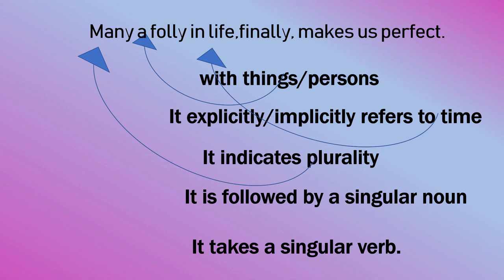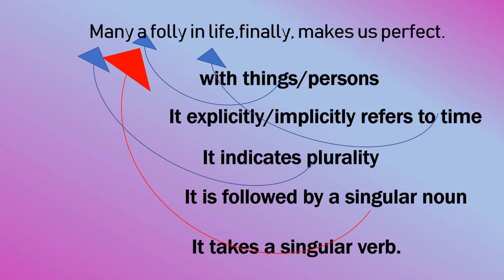Hence, it's clear that many a indicates plurality. The fourth characteristic: it's followed by a singular noun, here folly. Folly is singular in number. Its plural form is follies, but we didn't use it here. We used only the singular form. And thus, the fourth characteristic is also true here.